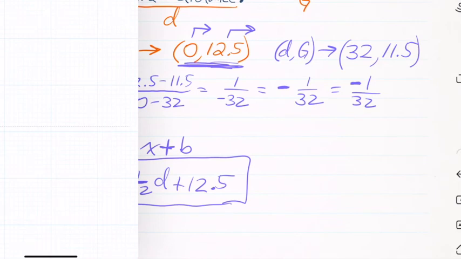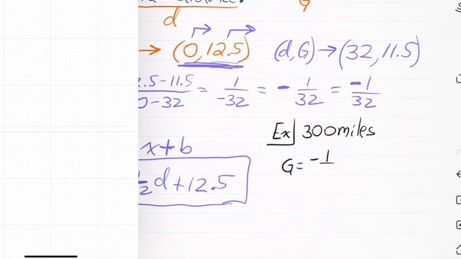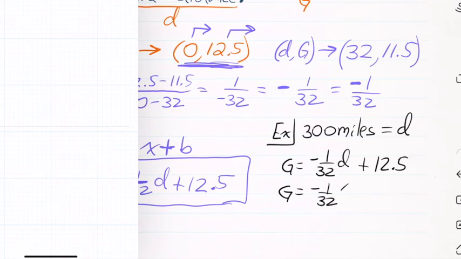All right, for example then, what if I drove 300 miles? How many gallons of gas are left in my car? So the formula is G equals negative 1/32 times D plus 12.5. And this 300 miles is the distance, so it's going to go in place of D. So I'm going to put G equals negative 1/32 times 300 plus 12.5.